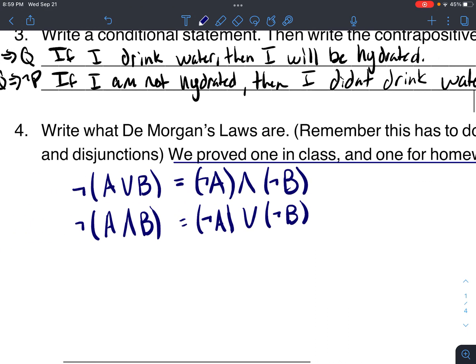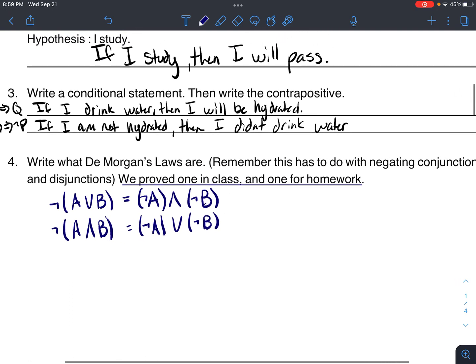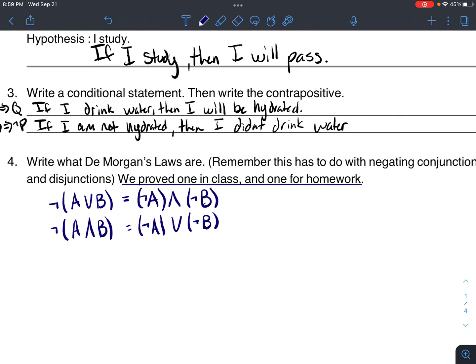I would like you to be familiar with these and how we proved them. I might have you guys write sentences with them. If I say, apply De Morgan's law, I might have you do something like that.